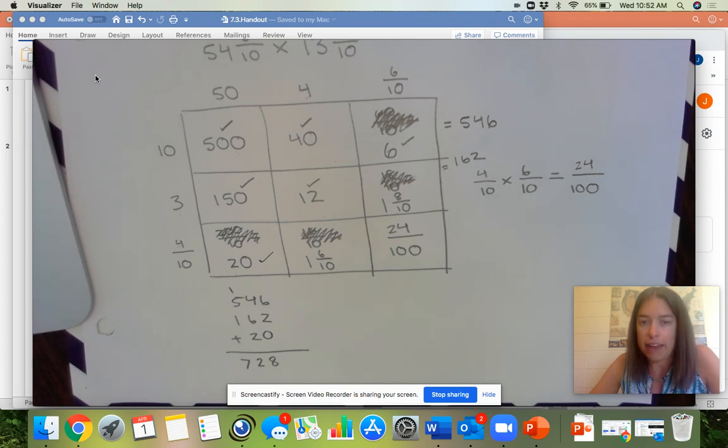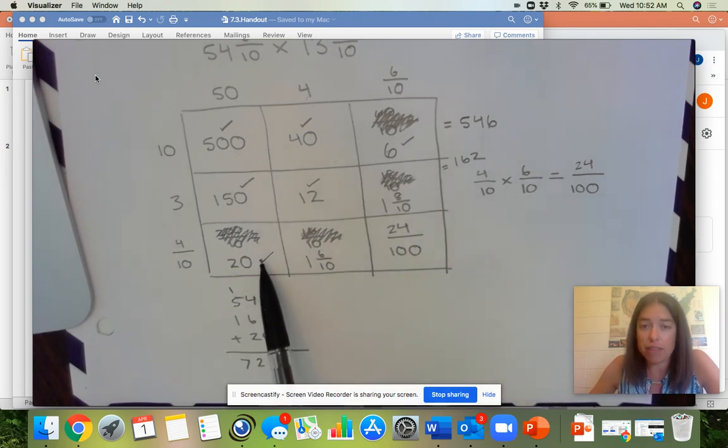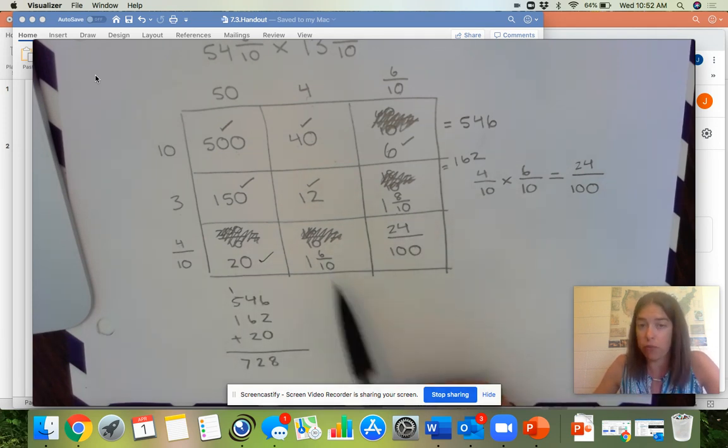All right, again, I have checks in all the boxes I've already added. I chose to just add up my whole numbers first because that was easiest for me. So I've added all of my whole numbers. I now need to add in my fractions. I have 1 and 8 tenths, 1 and 6 tenths, and 24 100ths.